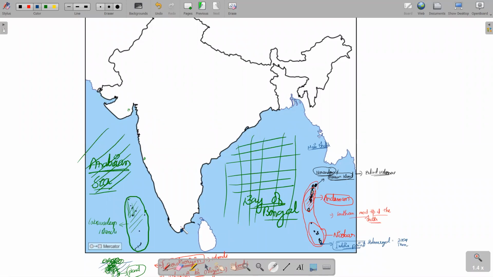But the textbook gives one point, you can go and see it in your islands topic: the southernmost point of India. Southernmost tip of India means the Indira Point present in the Nicobar Islands at the bottom, which is not there right now. It has been totally submerged during the 2004 tsunami.